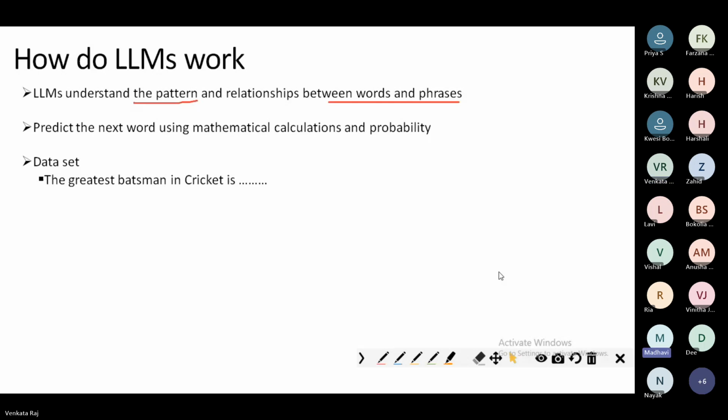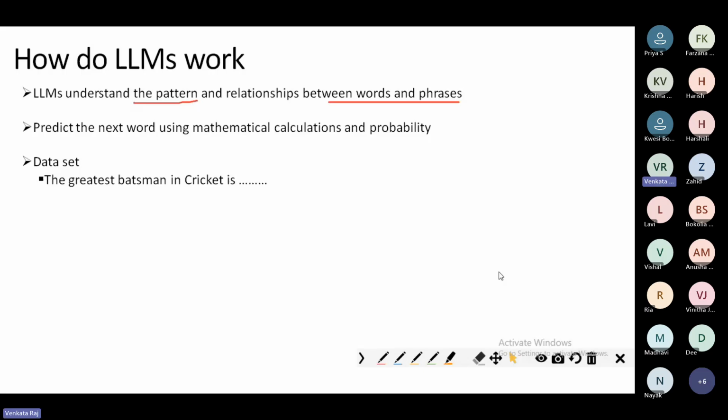Now, guys, because this is not a question based on a fact, this will depend mostly on the data points or the data set.